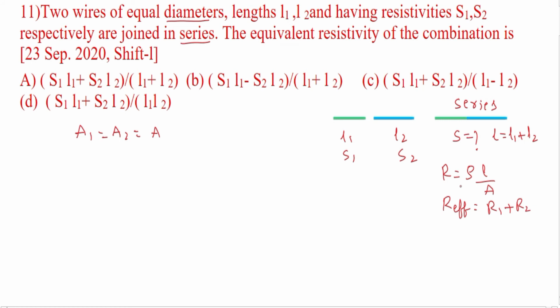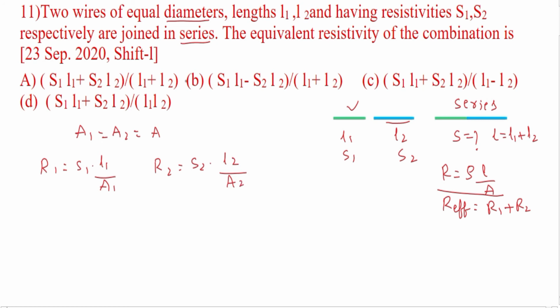If I apply this formula to the first wire, I get R1 is equal to rho, that is S1, into length L1 by A1. Similarly, R2 is equal to the resistivity of the second wire, S2, into L2 by A2.